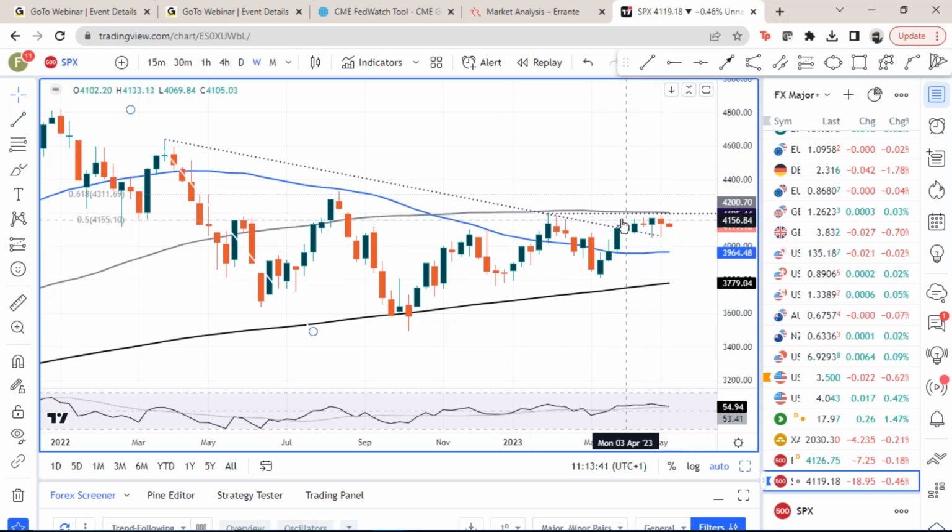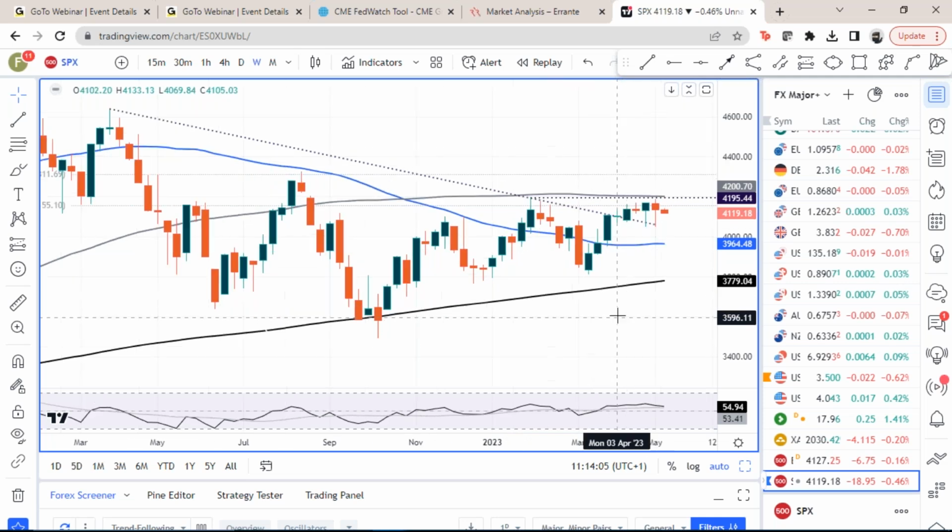You can see we sort of tapped it a few times, but not being able to close above there once at 4169, but then couldn't really move beyond it, and then the last couple of weeks struggled to close above that 4155 level.